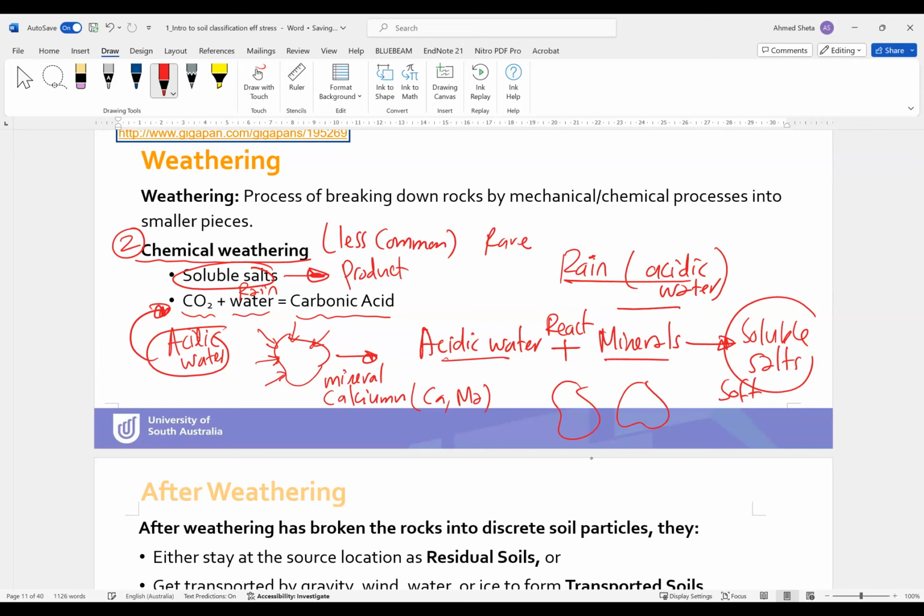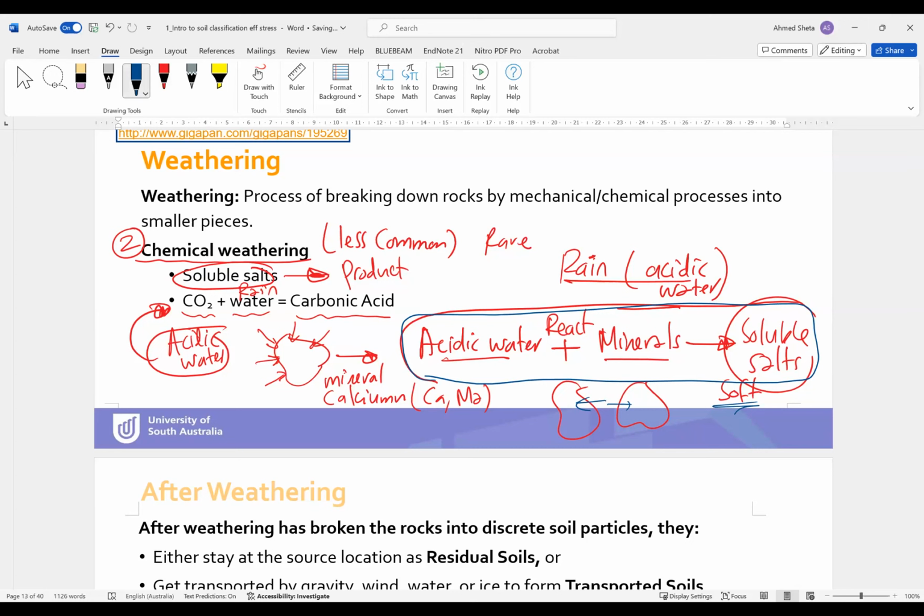So the chemical weathering means that the rain, due to the rain being subjected to CO2, becomes carbonated or acidic. Then the acidic water reacts with the mineral inside the rock and causes soluble salts. These soluble salts are soft, so it causes the rock to break down into parts. Okay. So all the weathering process means that the big rock or the original rock breaks down to smaller parts.